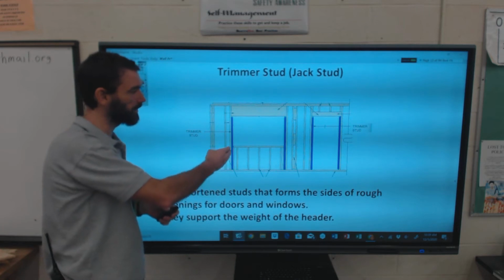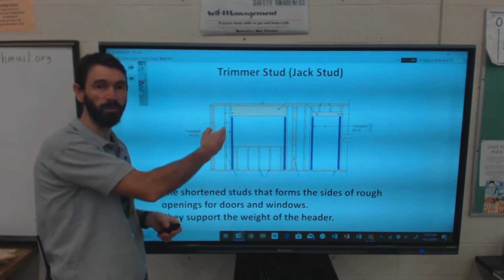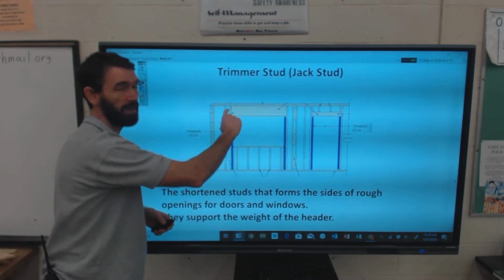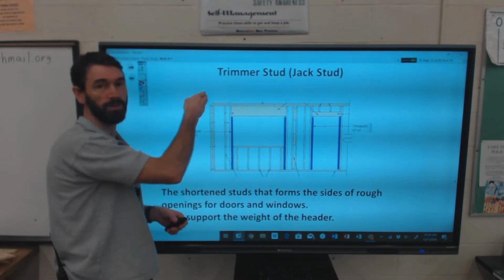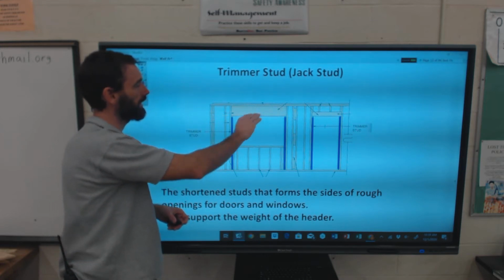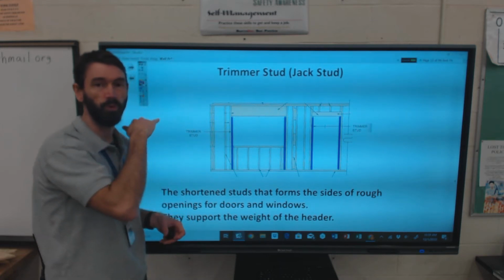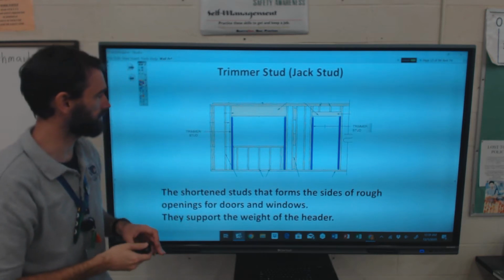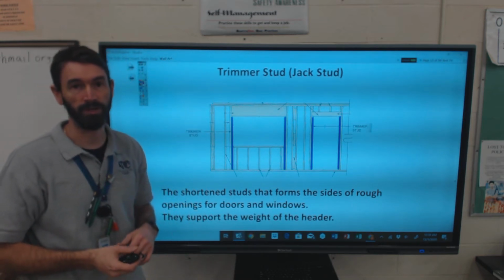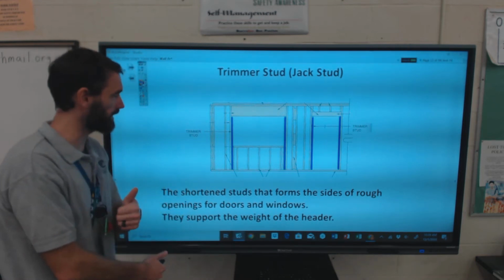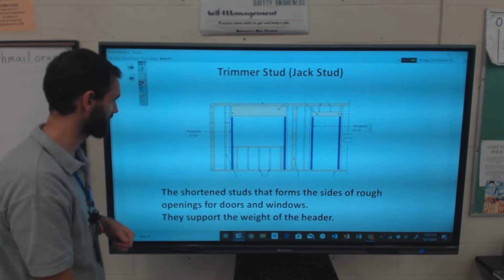The jacks are on the inside, so they actually form the sides of the rough opening, but they also sit underneath the header. These other boards run all the way to the top plate. So your jacks will support the headers, and they are on the insides of your rough opening. Okay, you guys got those notes? Fantastic. I don't hear any objections.